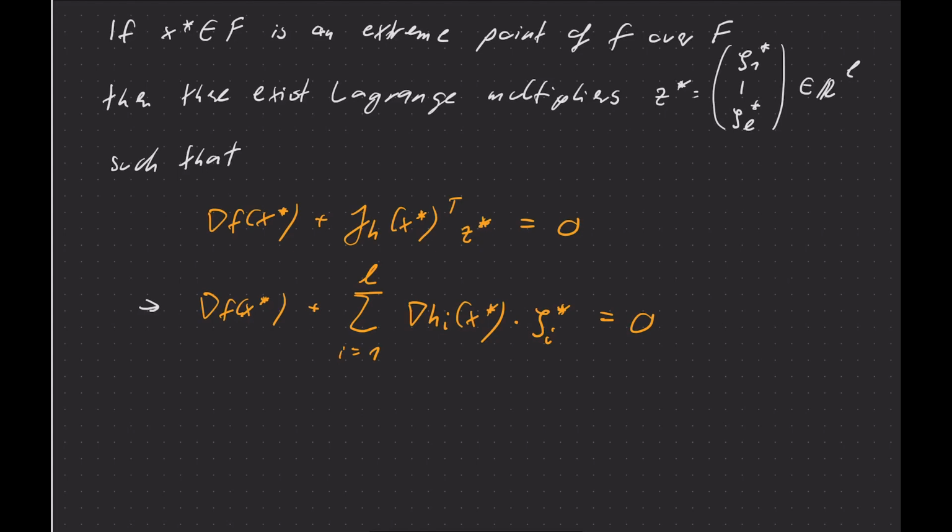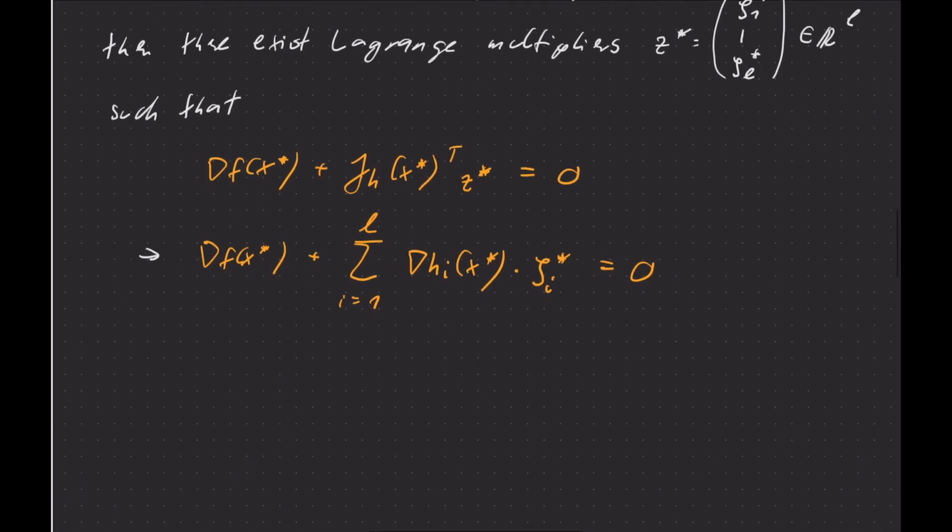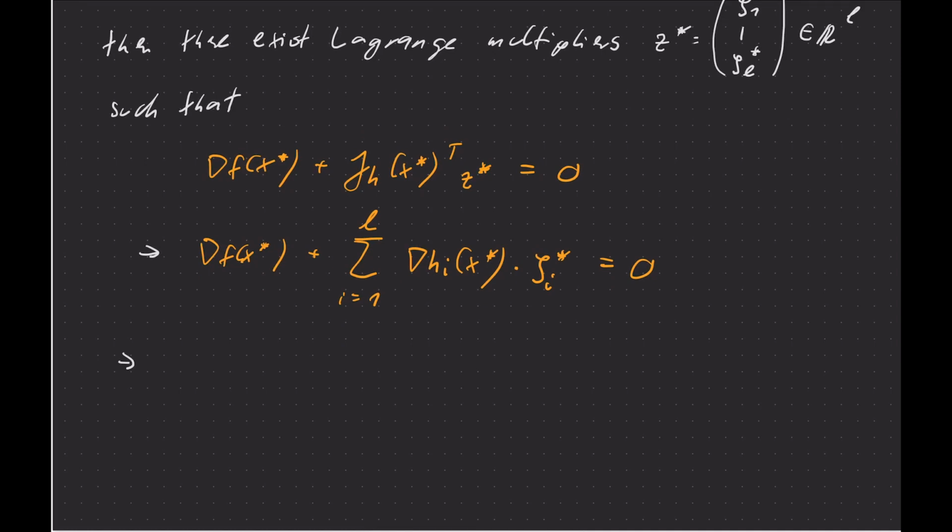Okay. So what that says basically is this gradient here, nabla f of x star, is a linear combination of those other vectors, of those gradients here. You can just bring that to the right hand side, and then you can see the zeta I star, or minus zeta I star, are the coefficients that combine this gradient of f out of the gradients of the hi.